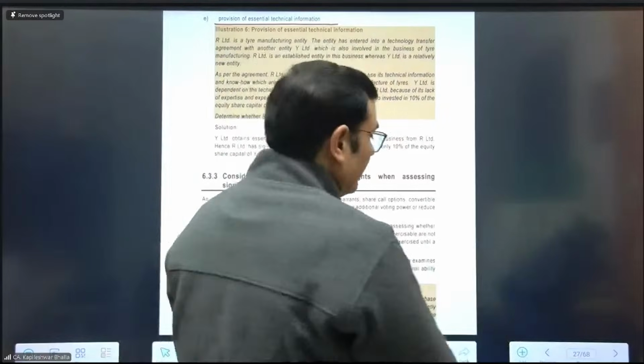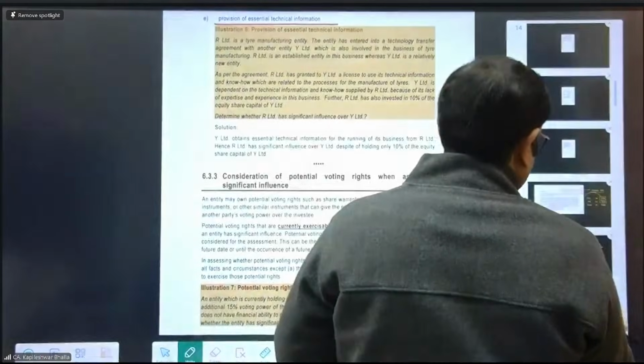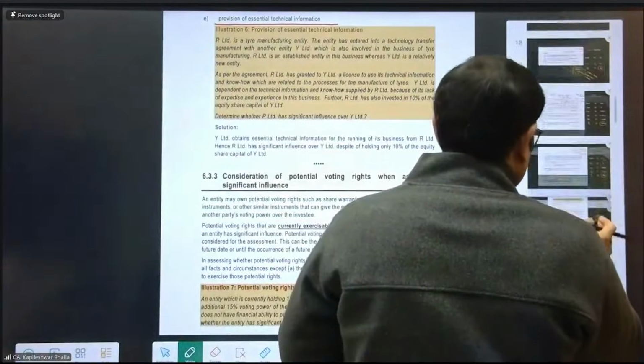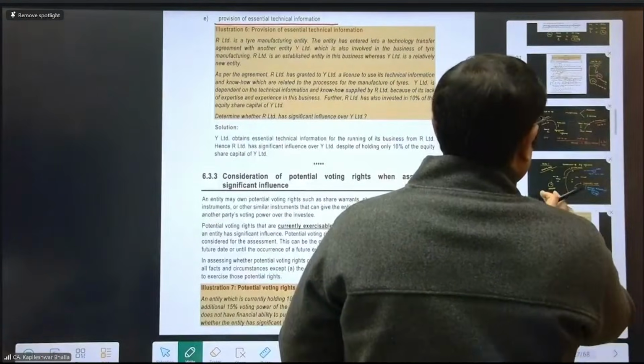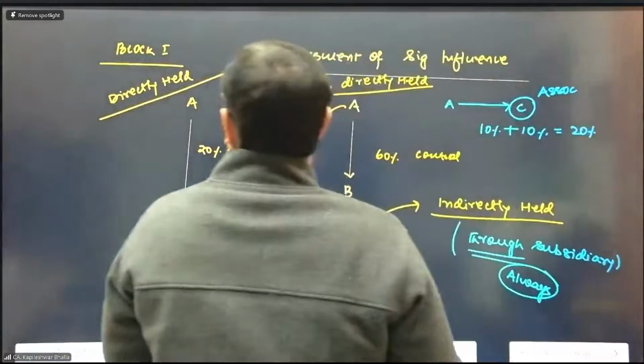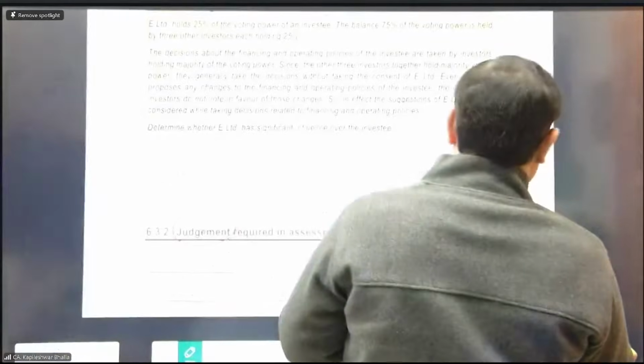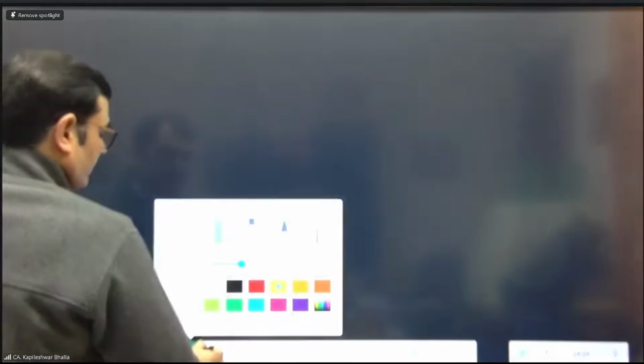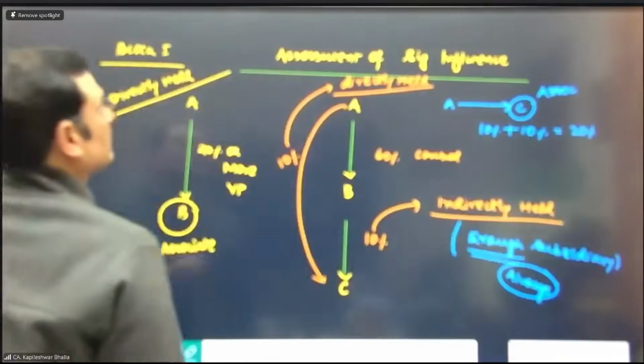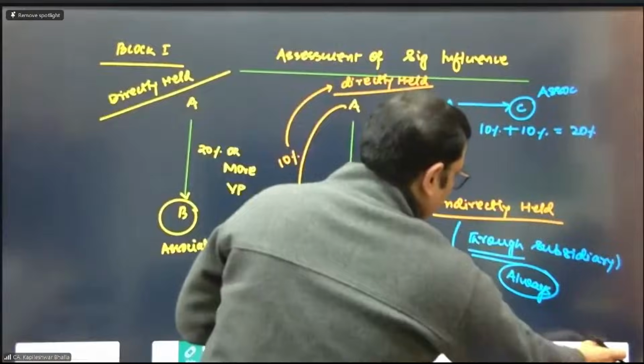I think let me first of all pen down a few thoughts at this stage. So when we're looking at the assessment of significant influence, we can say there is a basic thumb rule.